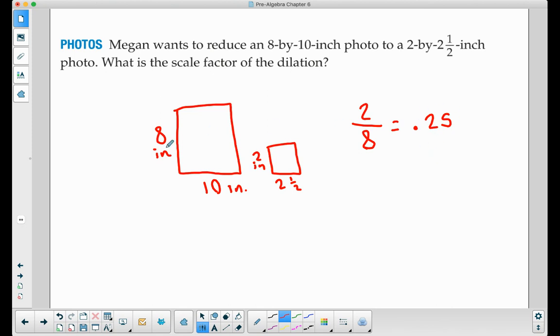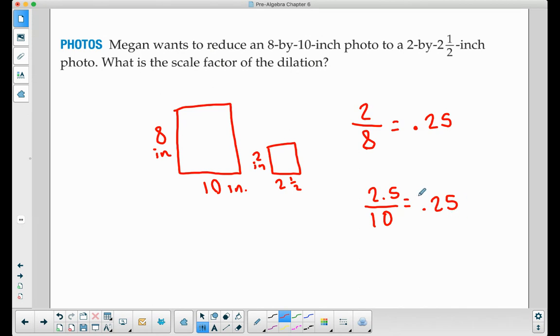So we're going to multiply the length from this original by 1/4, or 25 hundredths, and that should be the same thing for this side. So if we take 10 is the original length of this side, and the new length for the smaller one is 2.5, then we know that that's also 25 hundredths, or 1/4.